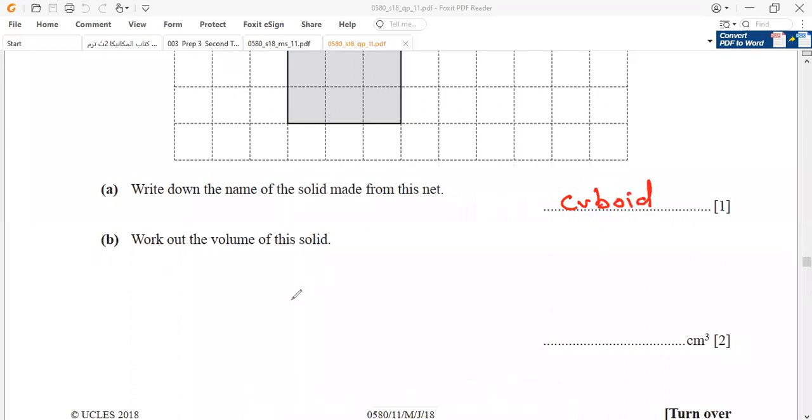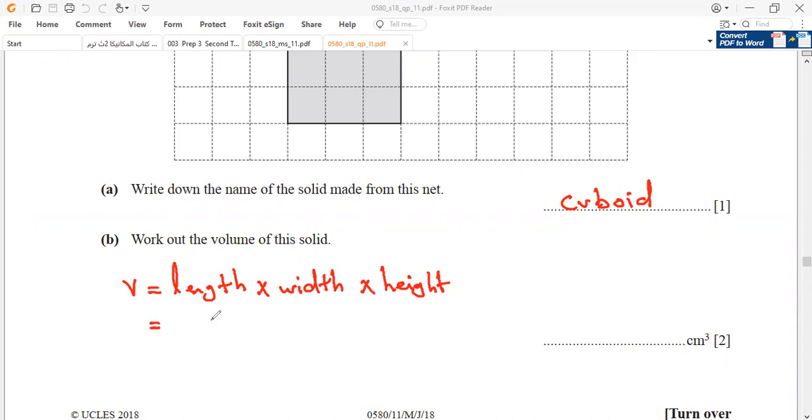In part B, work out the volume of this solid. We know that the volume of the solid equals length multiplied by width multiplied by height.